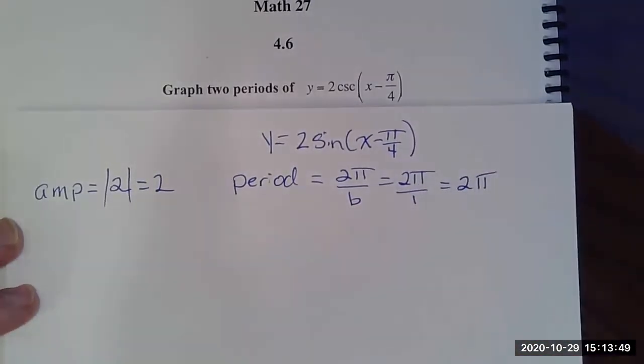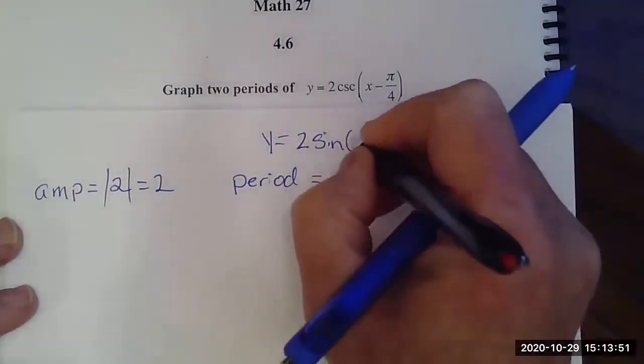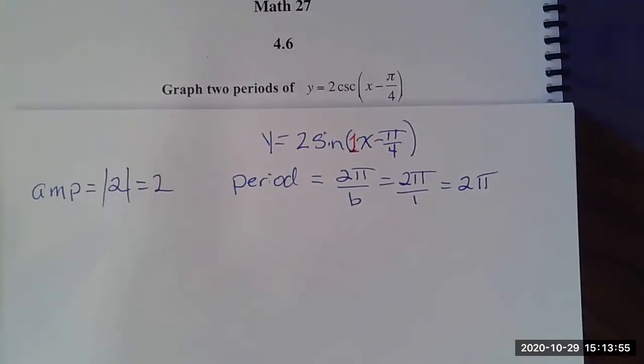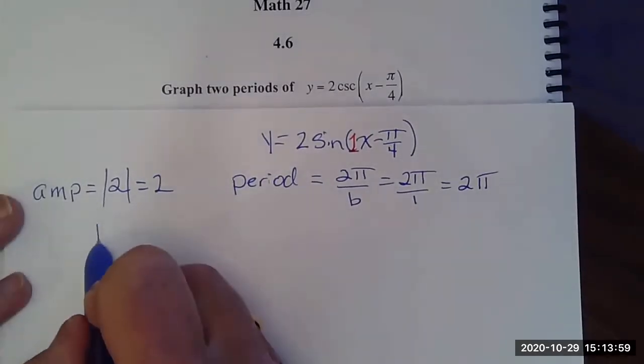2 pi. Where's the 1 coming from? It's right here. That's your B. And then what I did is left.